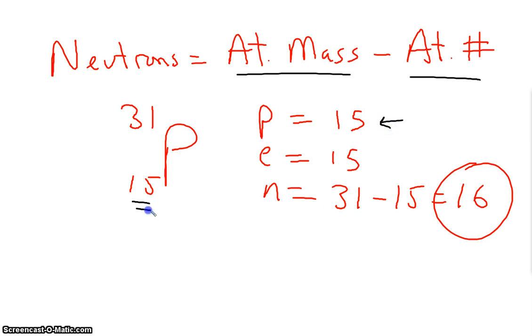That's given to us as the atomic number right there. And as we said before, what's true of the number of protons and electrons in this case, because it's a neutral atom, they're going to be equal. So we also have 15 electrons. Well, then we just take our atomic mass, given to us as 31, we subtract the atomic number 15, and we get that there are in fact 16 neutrons for that.